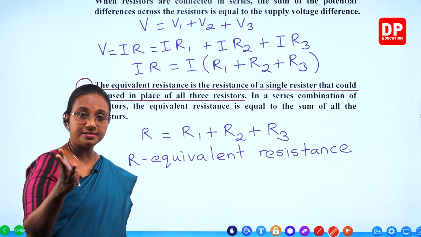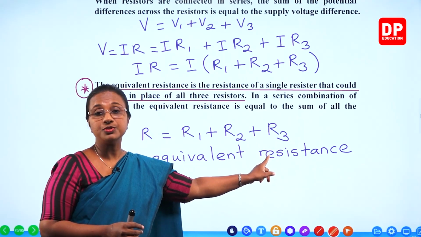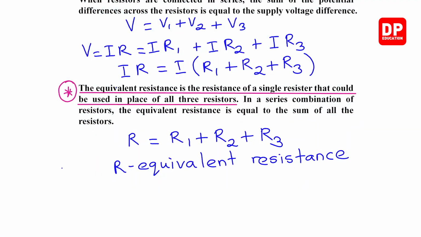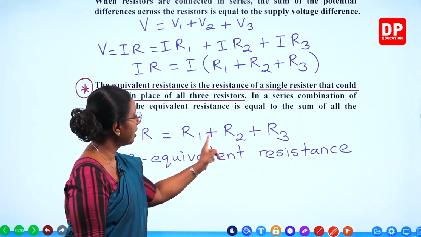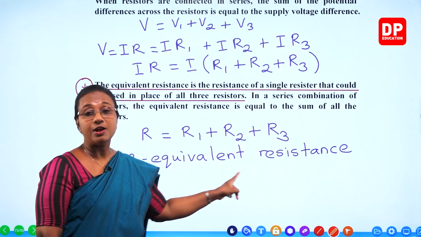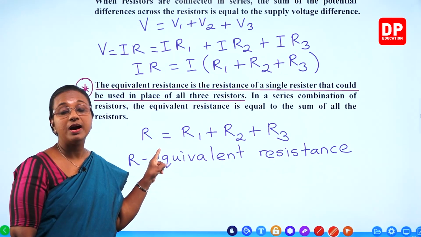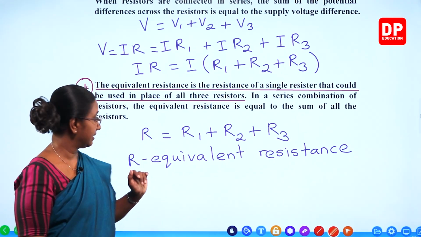There are three resistors, R1, R2, R3, and those are the resistance values. What is equivalent resistance? The equivalent resistance is the resistance of a single resistor that could be used in place of all three resistors. So here we have three resistors, R1, R2, R3. Instead of that, you can use one resistor with the resistance value of R. That is what we call equivalent resistance.